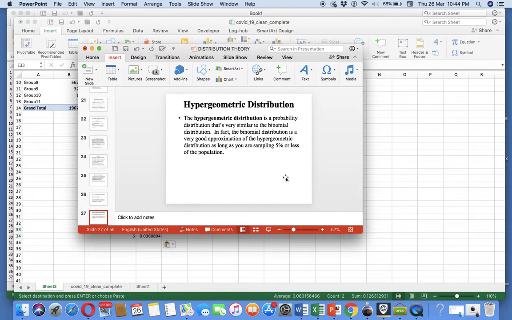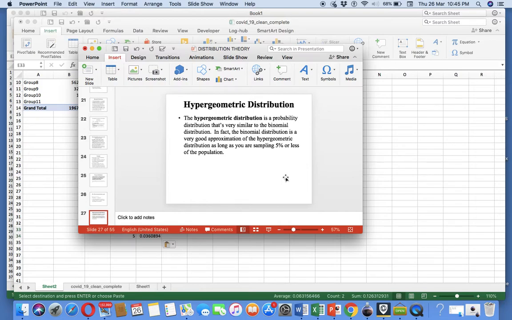The hypergeometric distribution is a probability distribution that is very similar to the binomial distribution. In fact, the binomial distribution is a very good approximation of the hypergeometric distribution as long as you are sampling 5% or less of the population.